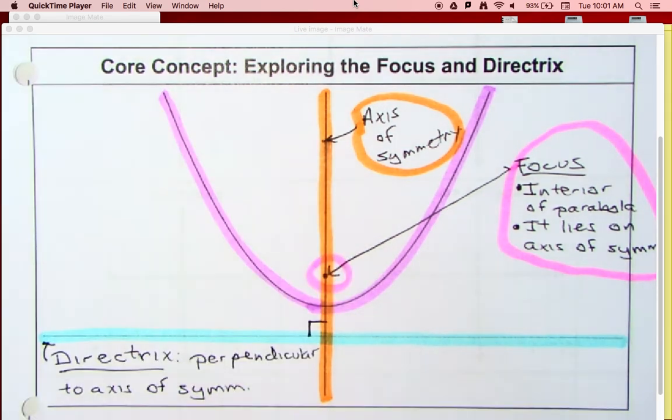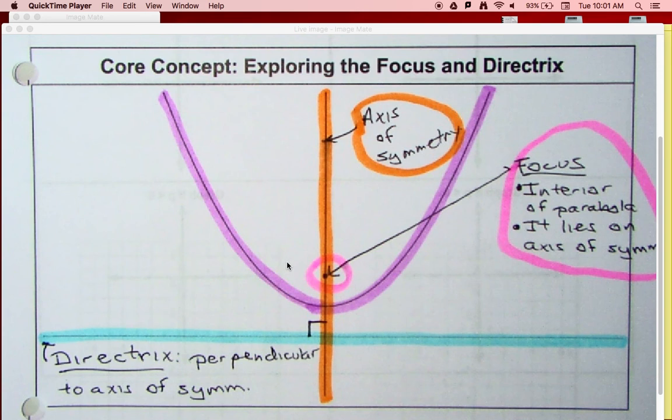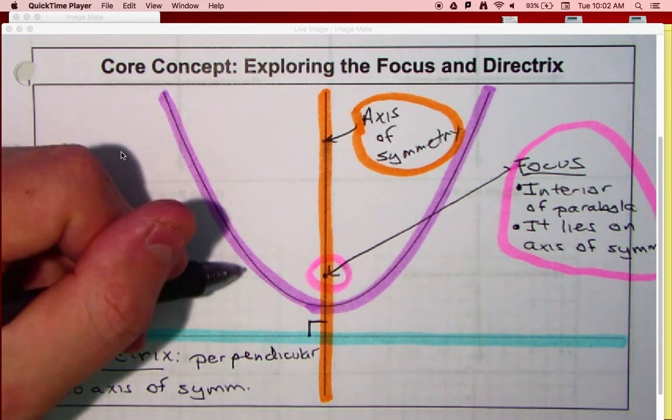Now, why do we have to have the directrix in there? It has to do with distances. Basically, if I take a line and draw it from my directrix to my parabola, and then draw a second line from this intersection point to my focus, those two distances would be the same. So let me draw a line in here.